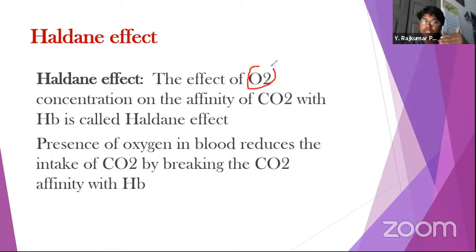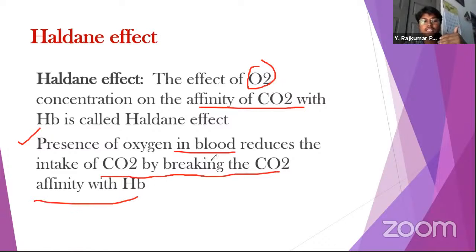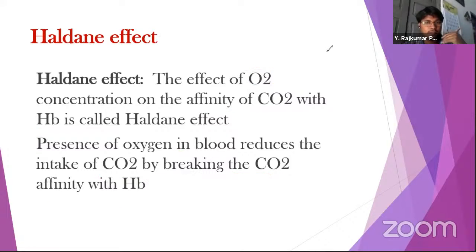Here the effect of oxygen on the affinity of carbon dioxide with hemoglobin is called the Haldane effect. Presence of oxygen in blood reduces the intake of carbon dioxide by breaking the CO2 affinity with hemoglobin. Okay, so these are the Bohr and Haldane effects. You can read them again and again, you will understand it very clearly.